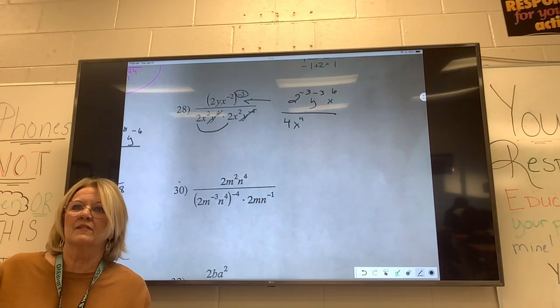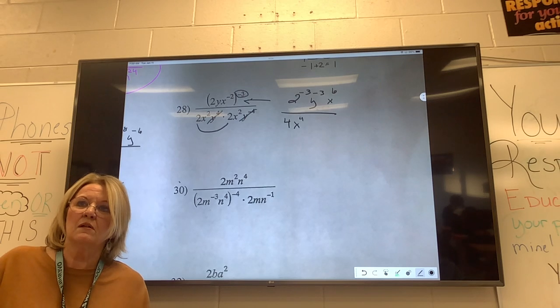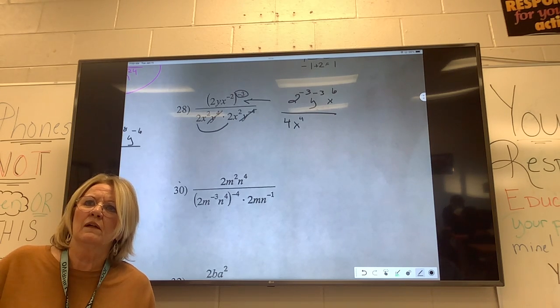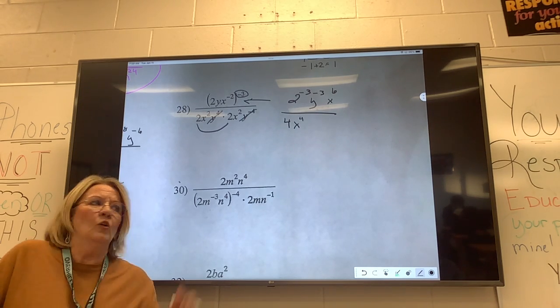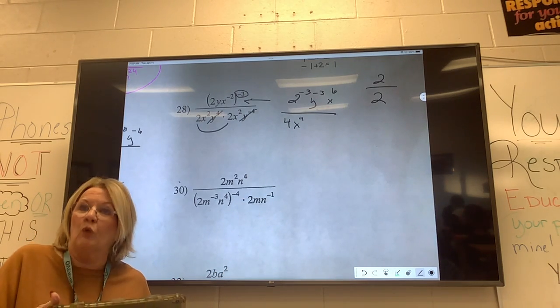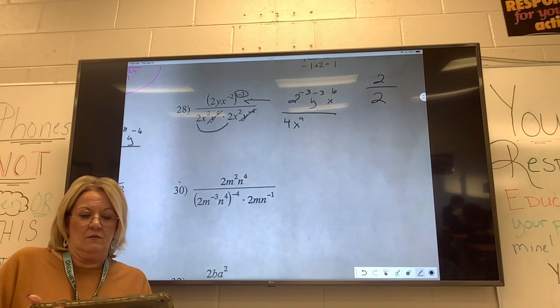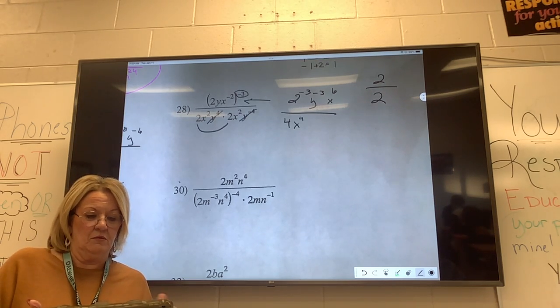Yes? I canceled out the two coefficients first before. You cancel out which one? The 2 and the 2. Why? Because they're the same. Only if they're the same, honey, like 2 over 2. That gives you 1. That's when they cancel out. But isn't that 2 over 2? Is what 2 over 2? 28.